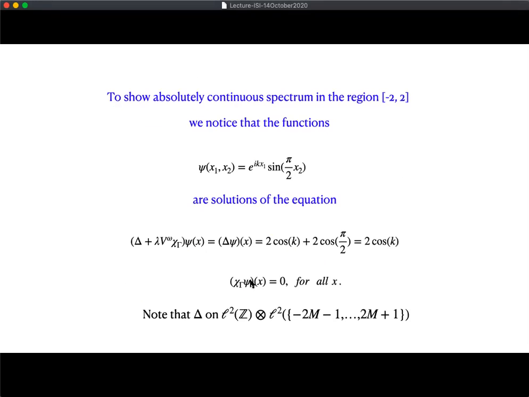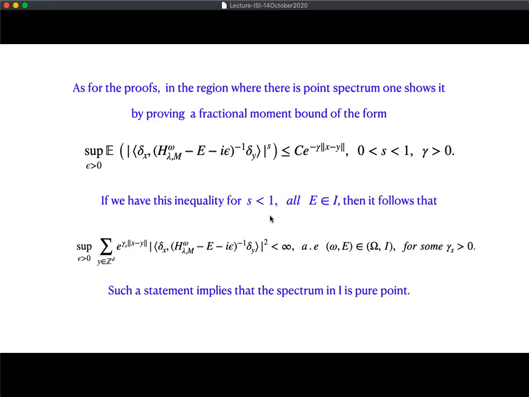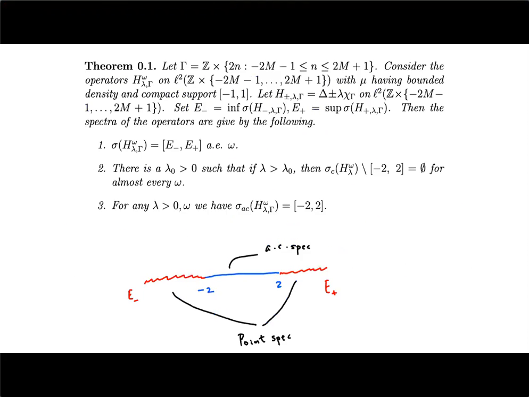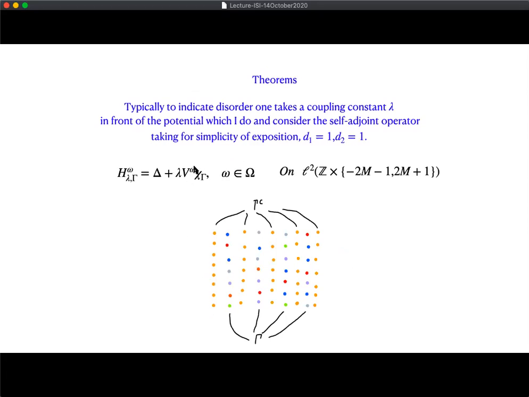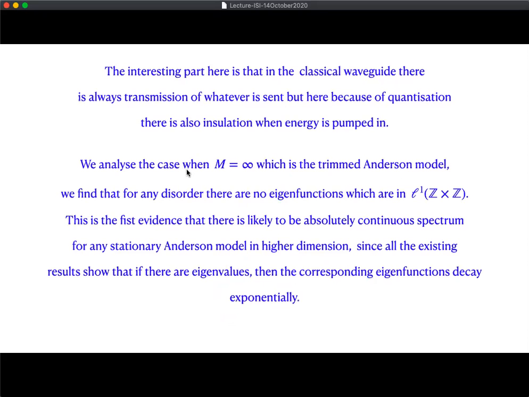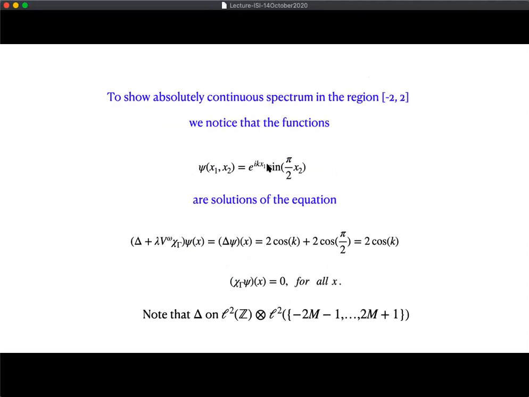So the indicator function of gamma acting on psi is 0. And therefore, since this potential is supported on gamma, this term is 0 when it acts on this function psi. So V acting on psi is 0 because of this reason.